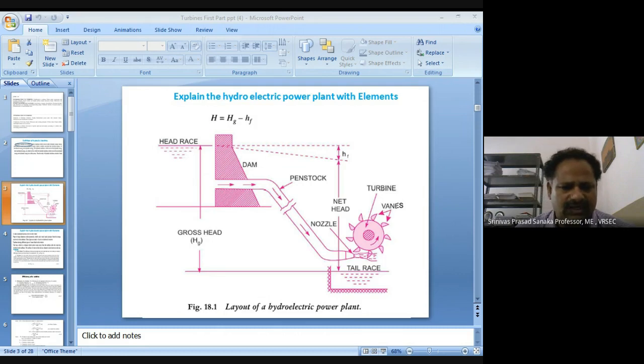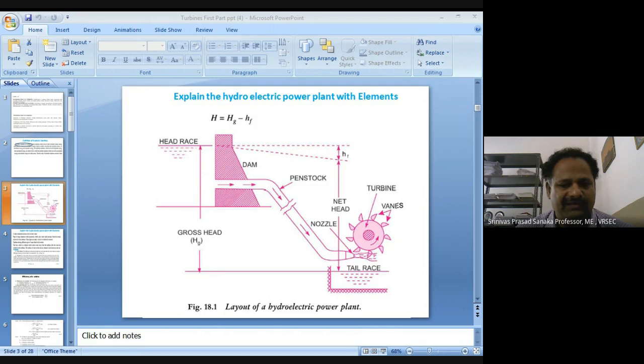The stored water is conveyed from the reservoir to the hydraulic turbine. So here there is a wheel. This wheel is rotating in anti-clockwise direction, and this wheel has buckets to supply water to the turbine.